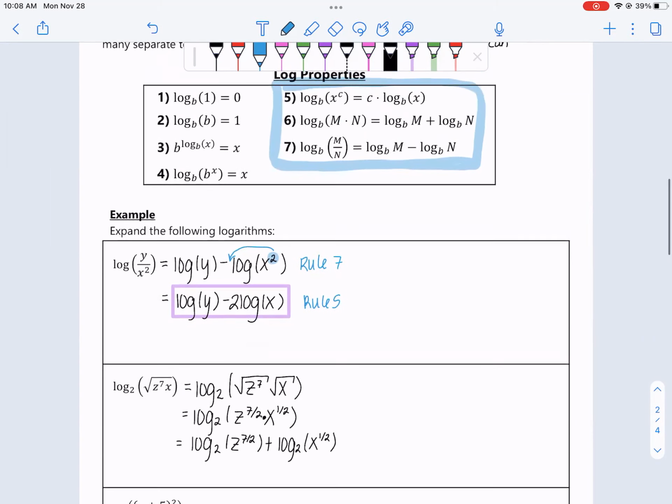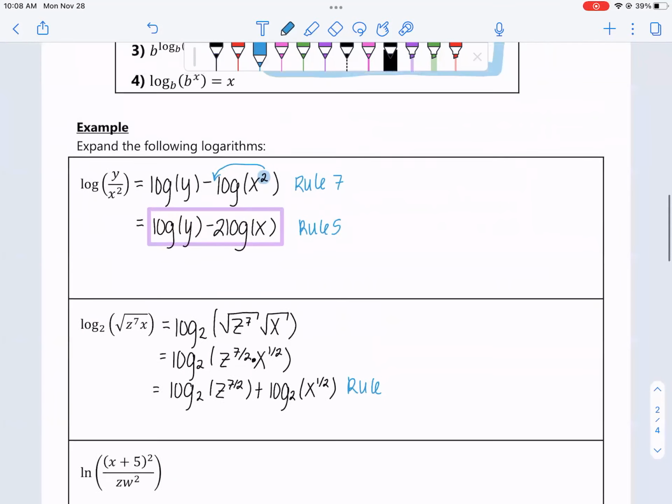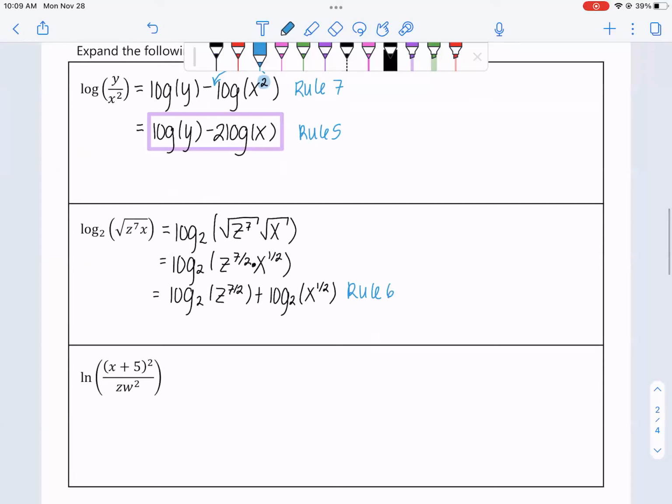If you're looking up at the log properties up above, we used rule 6. And then we can bring these exponents down in front. So this is the kind of game we're playing. Multiplication turns into addition, bring the exponents down. So we get 7/2 log base 2 of z, the exponent came down, plus 1/2 log base 2 of x. That's by rule 5.